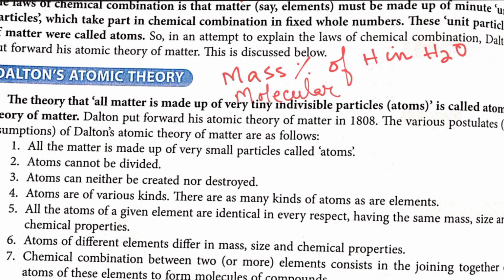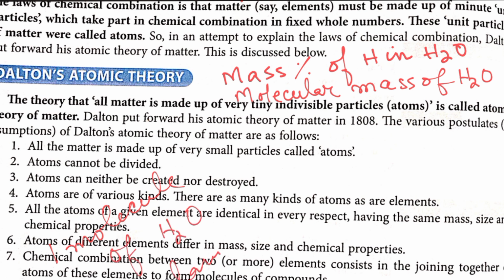One molecule of H2O contains 2 atoms of H and 1 atom of O. From the molecular formula you can see H2O: 2 H, 1 O.